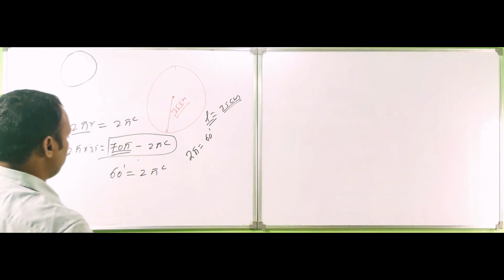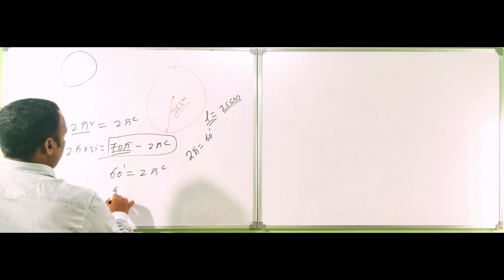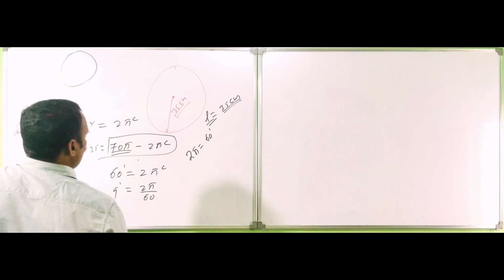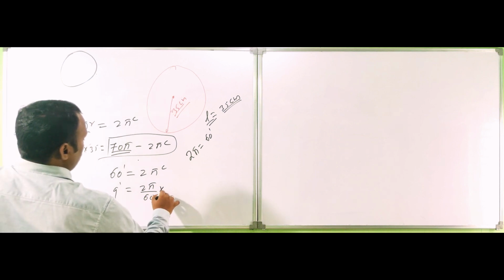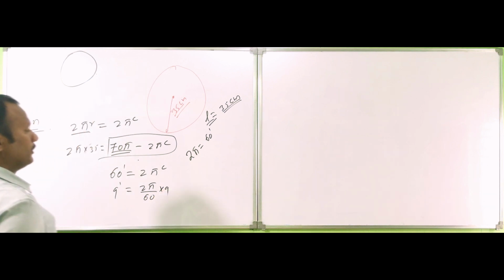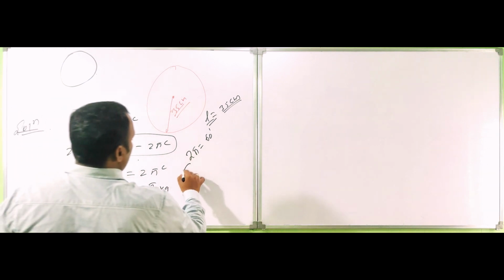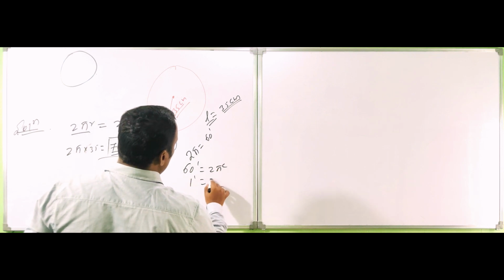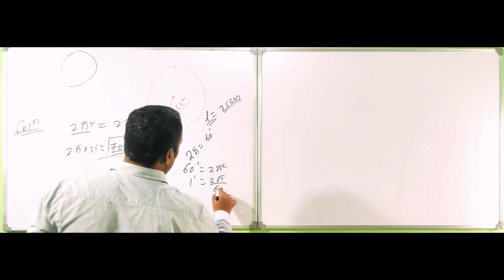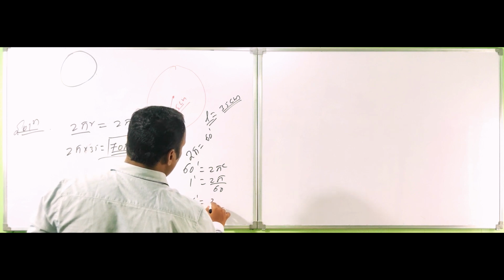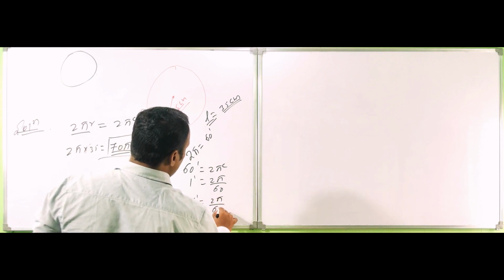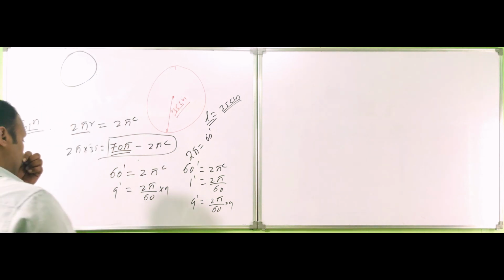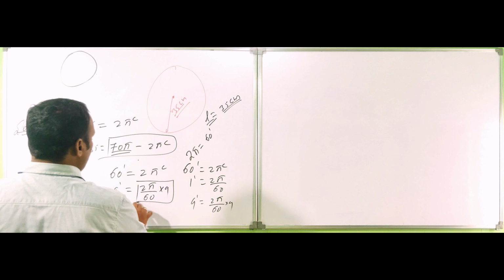What we want is for 9 minutes. 60 minutes is equal to 2 pi radians, 1 minute is equal to 2 pi by 60, and 9 minutes is 2 pi by 60 into 9, so it moves 2 pi by 60 into 9 radians.